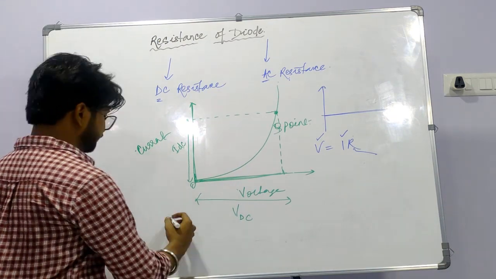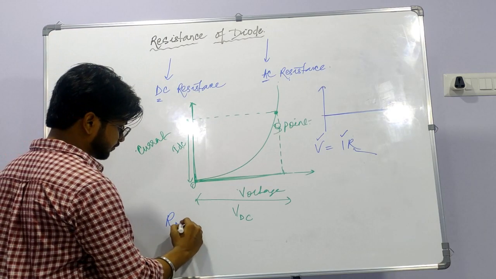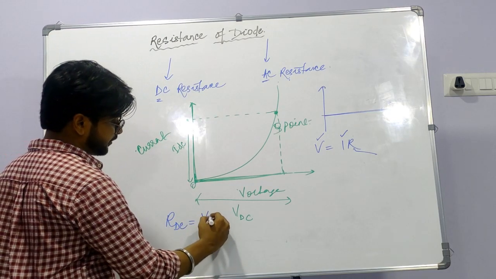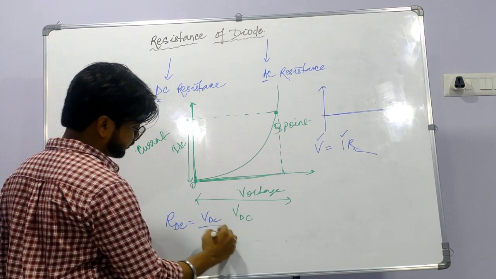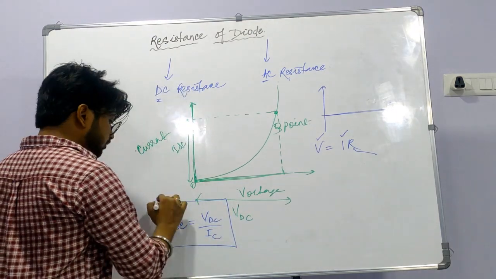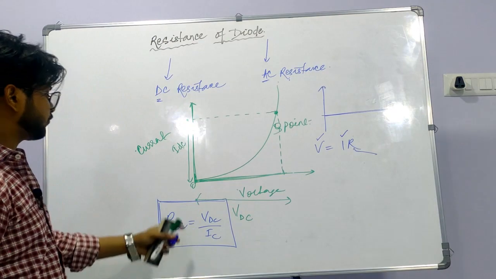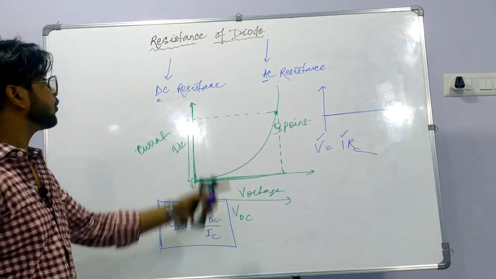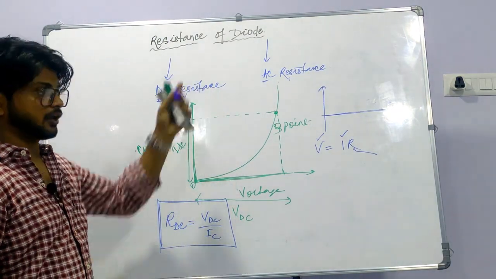Now the resistance RDC is given by VDC divided by IDC. So note down this formula. We have the definition, the formula, and the explanation of DC resistance of a diode.